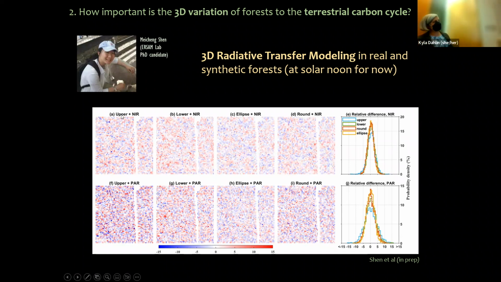So one that's sort of like a lollipop, one that's sort of like an upside down lollipop, one that's more evenly distributed, and then one that's very apple shaped, we'll say. And then looking at near infrared reflectance and photosynthetically active reflectance or visible reflectance as compared to what we measure with the NEON spectrometer. And the point here is basically that these all look relatively similar.